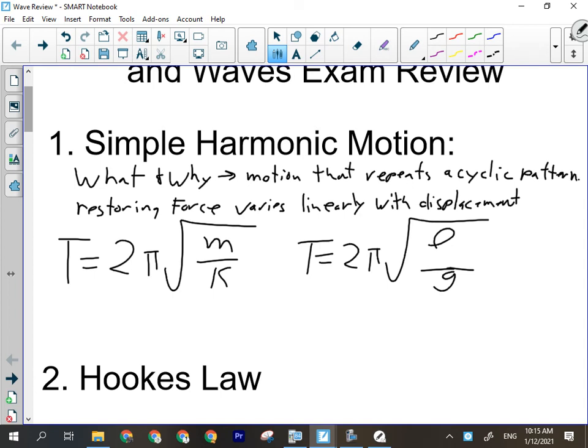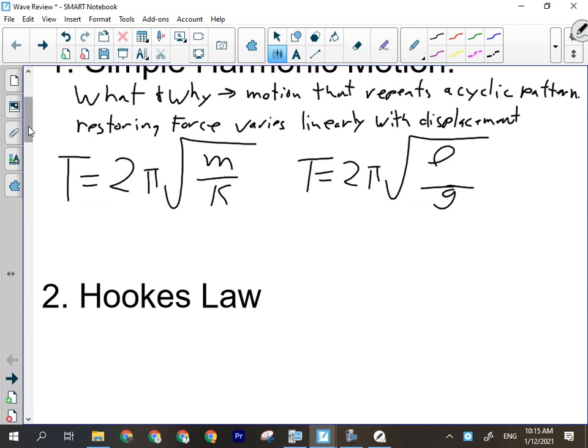Then we talked about Hooke's law. Hooke's law says that this restoring force varies linearly with displacement. Force in a spring is equal to negative kx.